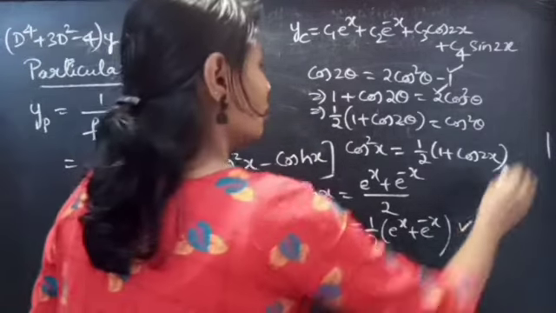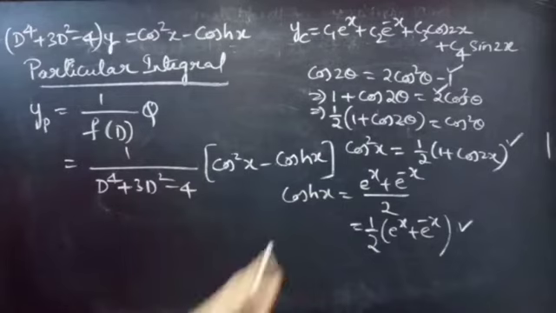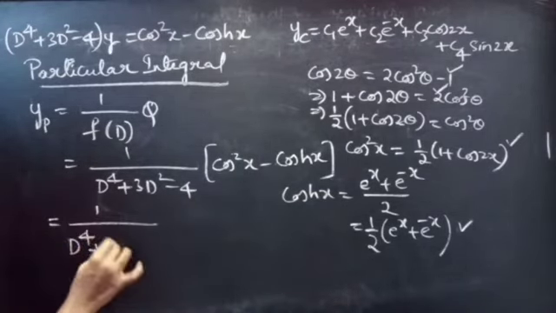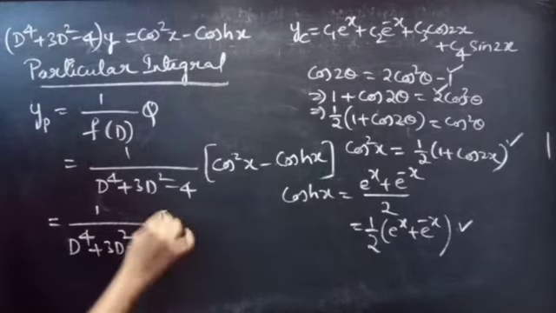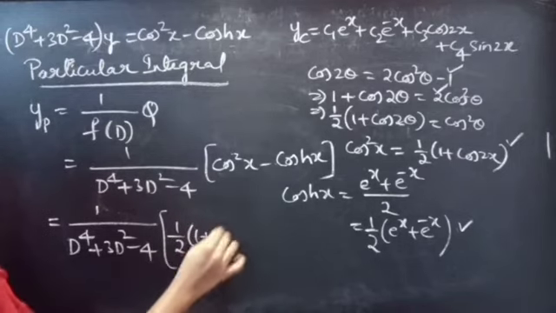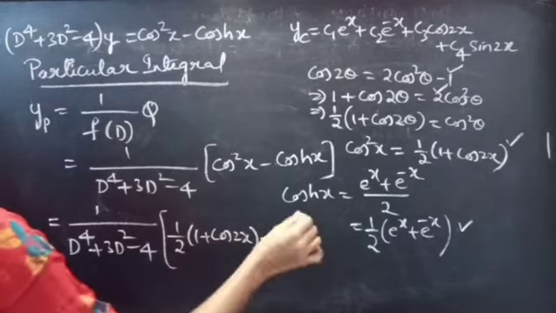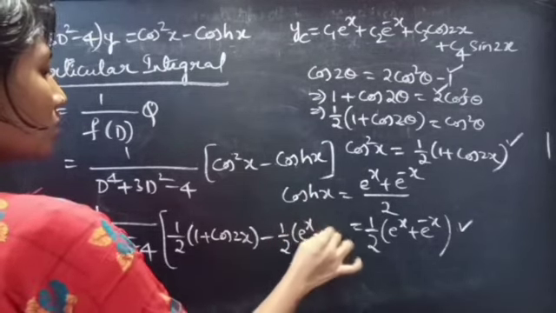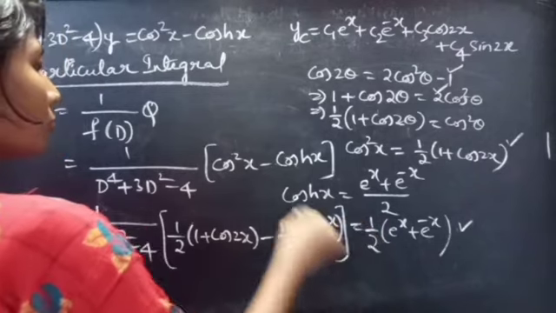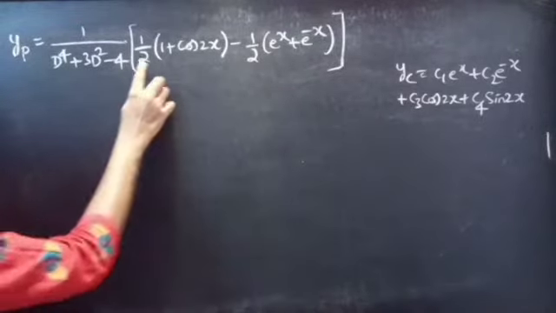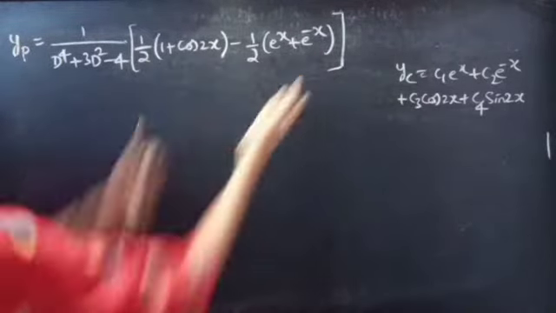Now, let's replace cos square x and cosh x in yp. We'll get 1 by D power 4 plus 3D square minus 4 into, replace cos square x by 1 by 2 into 1 plus cos 2x, minus, replace cosh x by 1 by 2 into e power x plus e power minus x. Right? Now, let's take 1 by 2 common from these two terms.